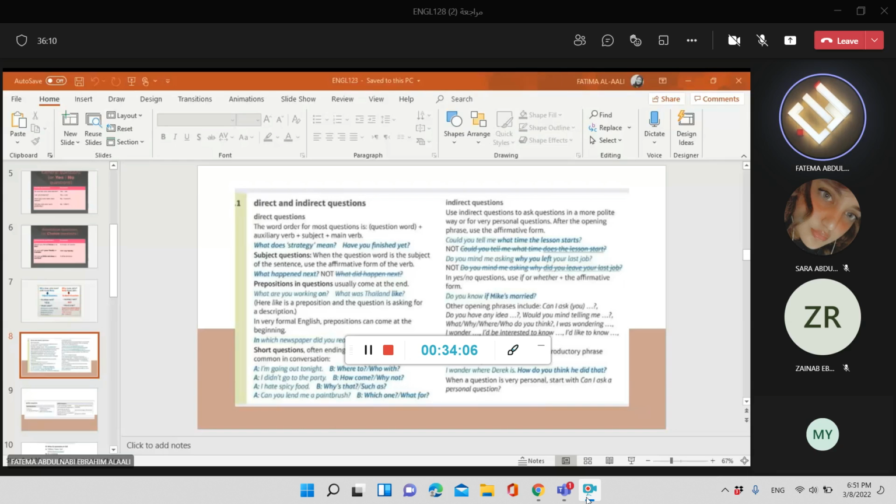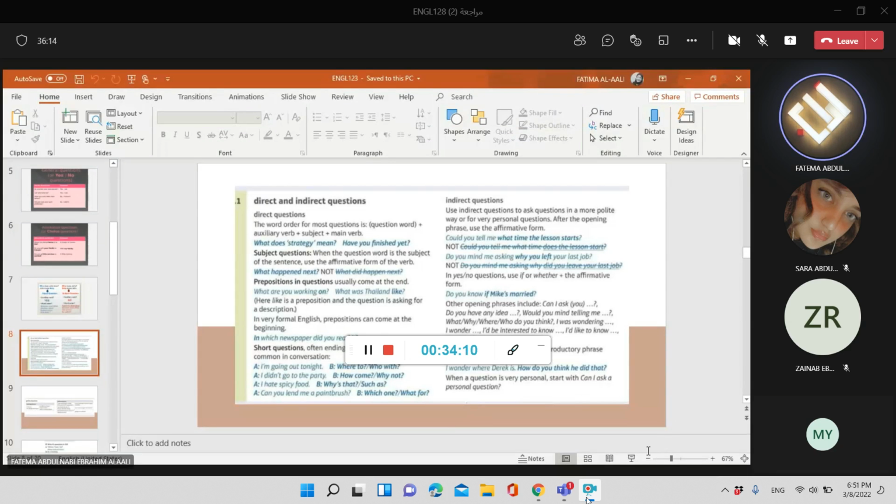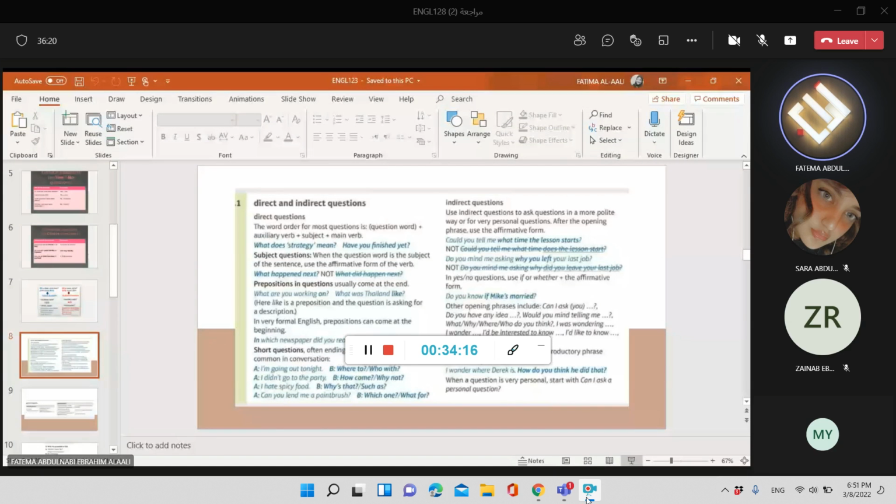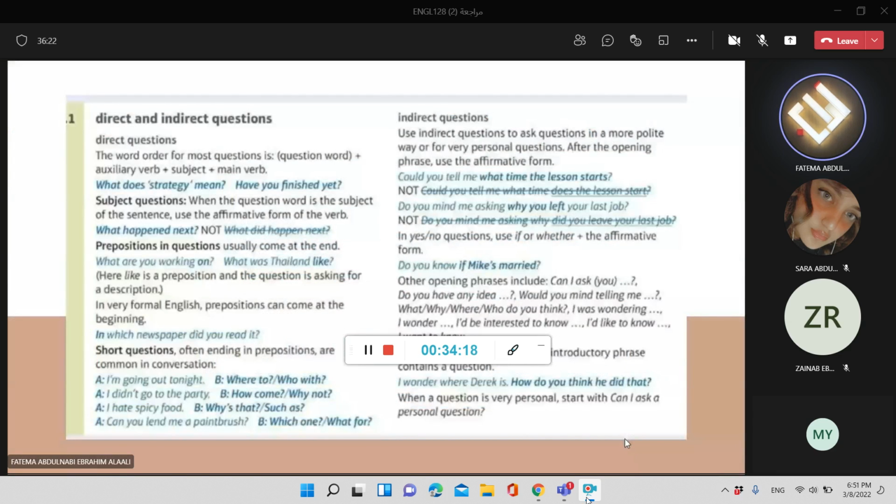Okay, so I will tell you the answer, but you have to be careful. Pay attention with this one. If this question was in the past simple, so what did strategy mean? We want to form this direct question into an indirect question.